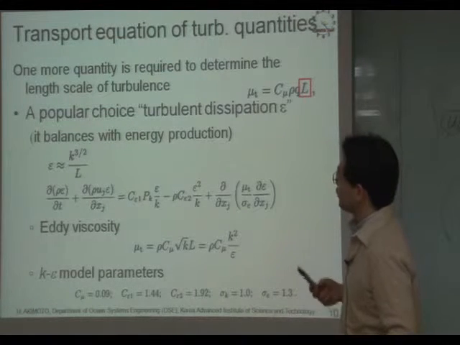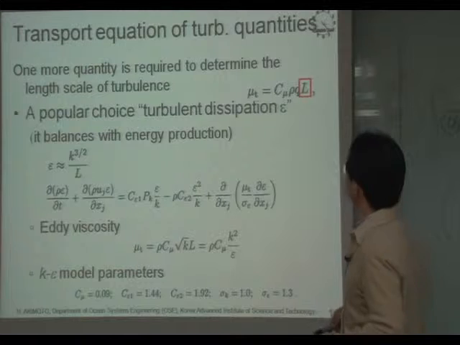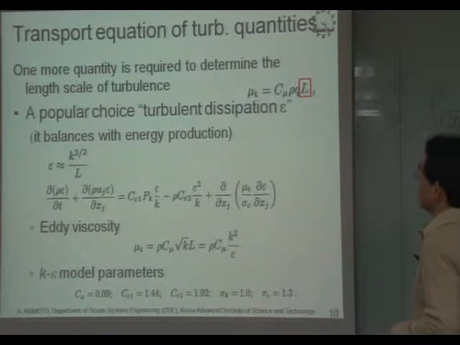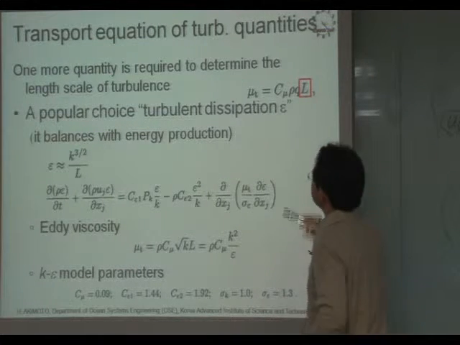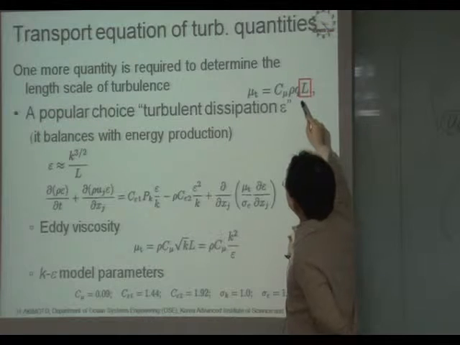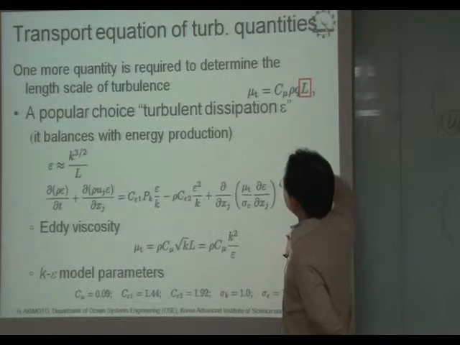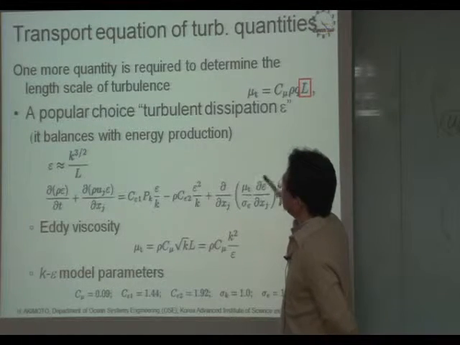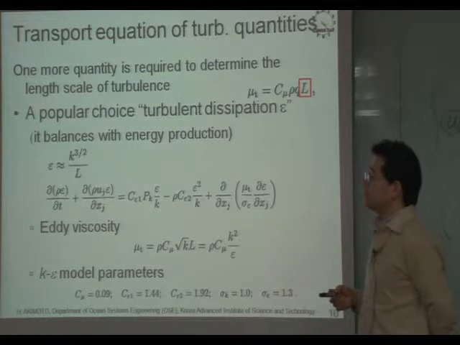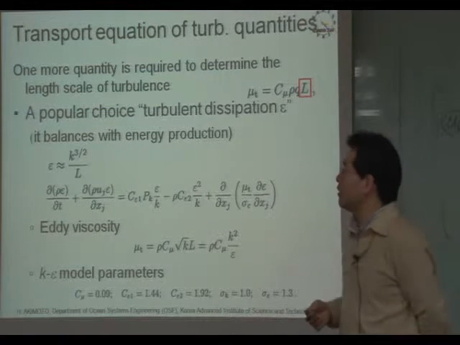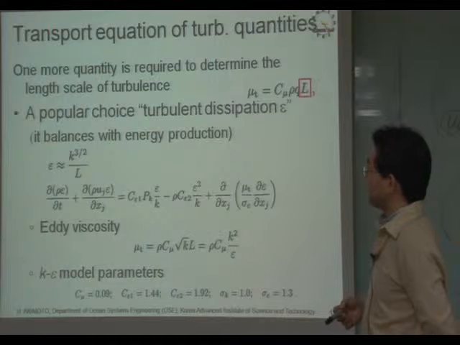One equation is not enough to calculate the turbulent viscosity, because we have to consider the length scale of the turbulence. For this purpose, there are some possible structures of the model.